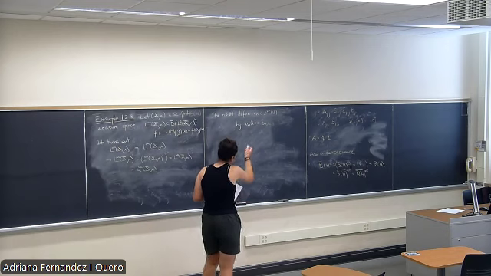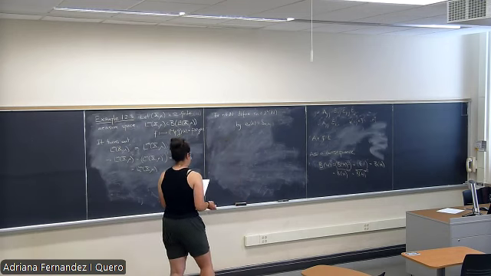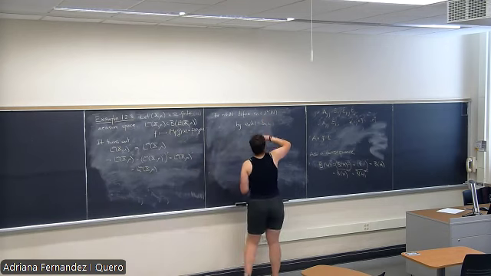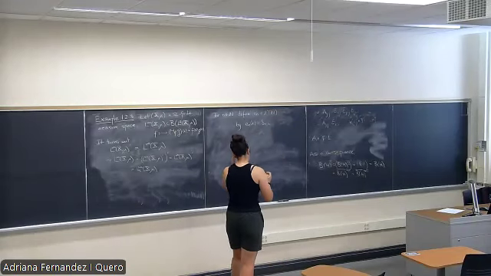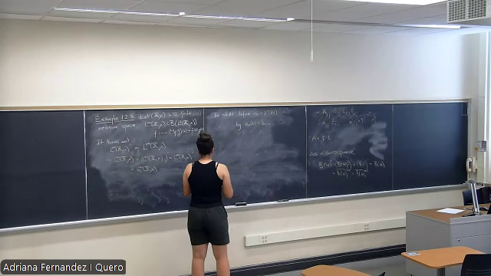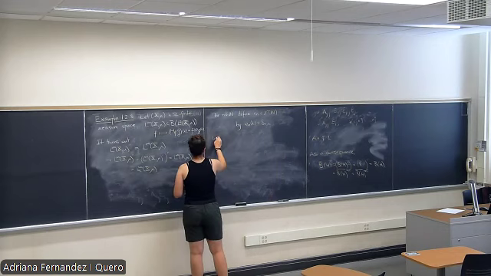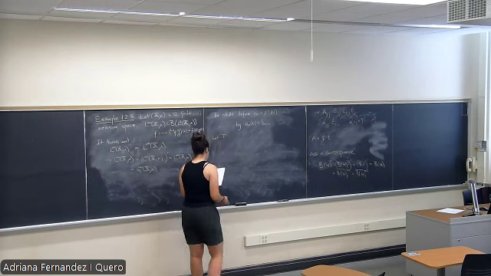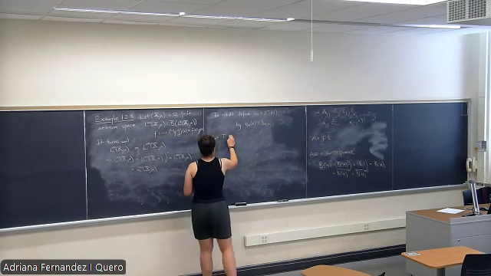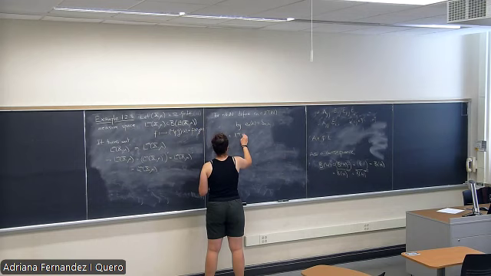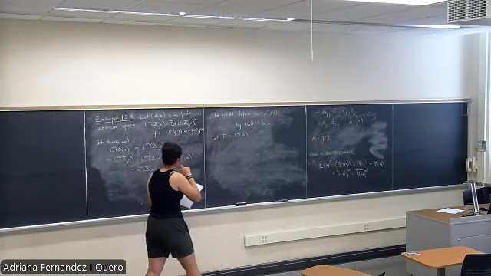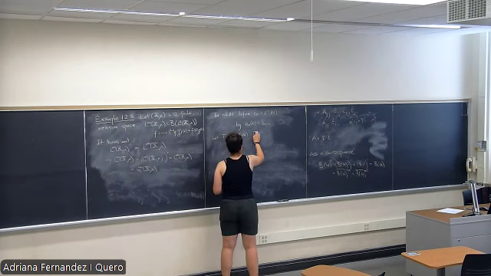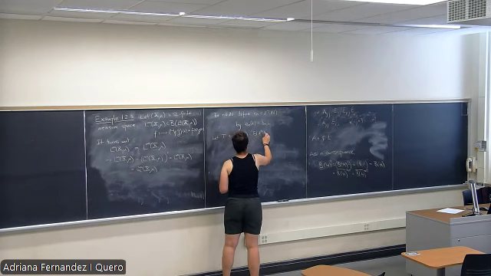In fact, you can see by definition this is a bounded function, so it's not only in L2, but it's also in L infinity of N. Let's see L infinity of N seen as bounded operators on L2 of N.